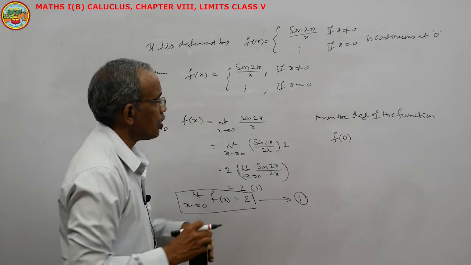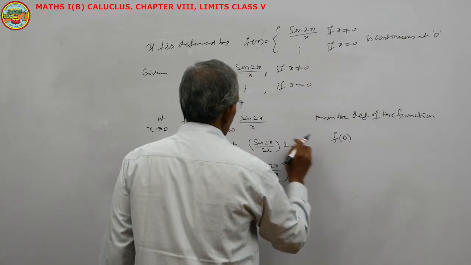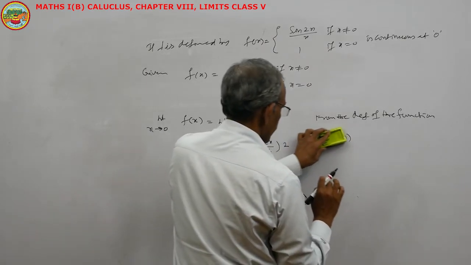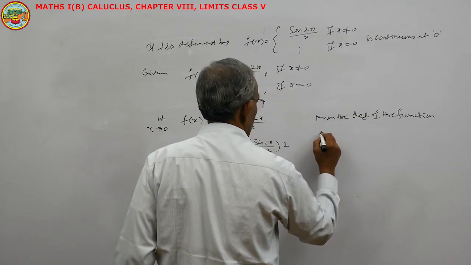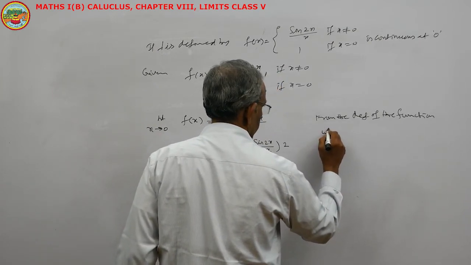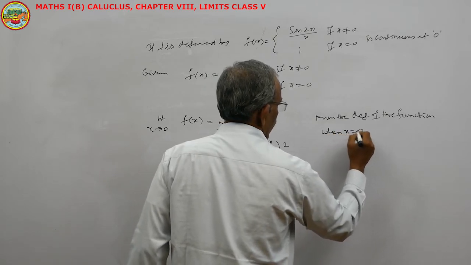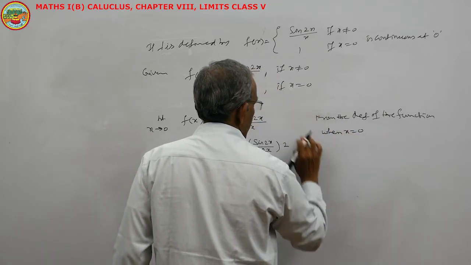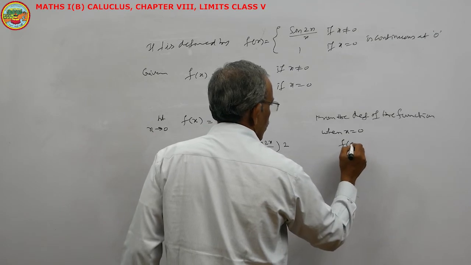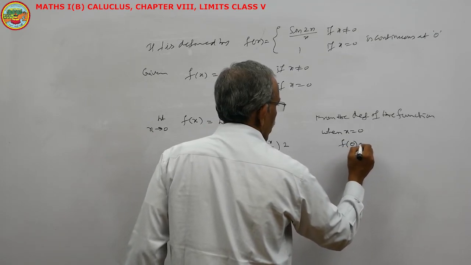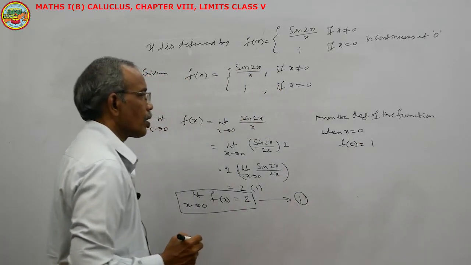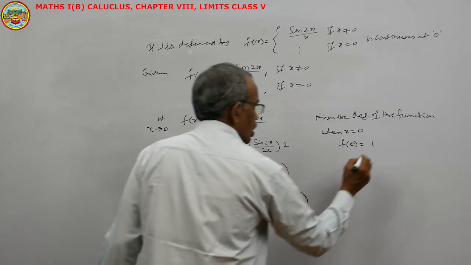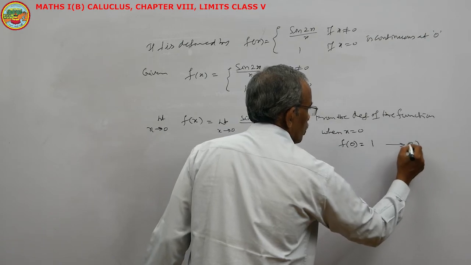So when x equal to 0, f of 0 is equal to 1. This is equation 2.